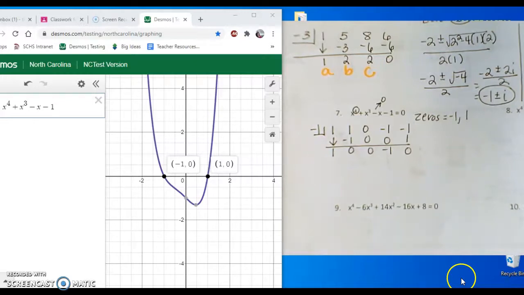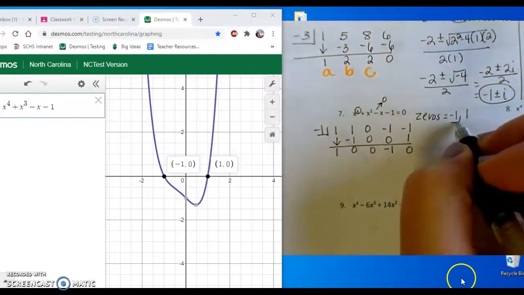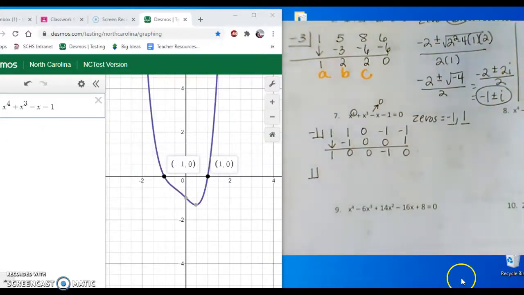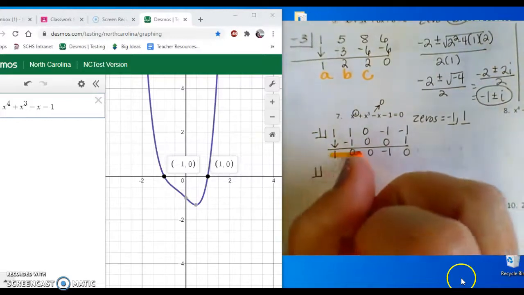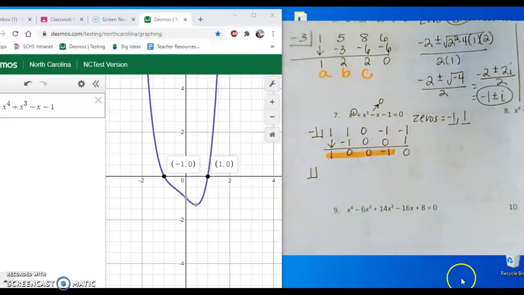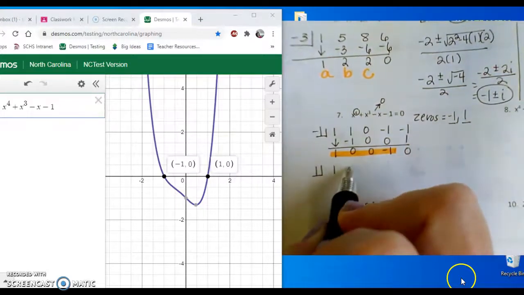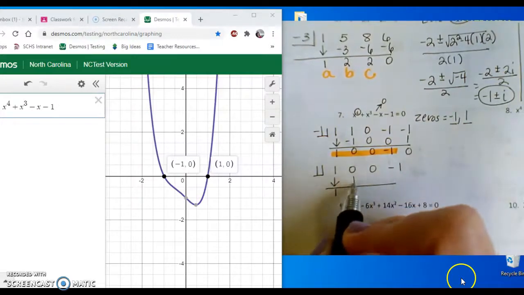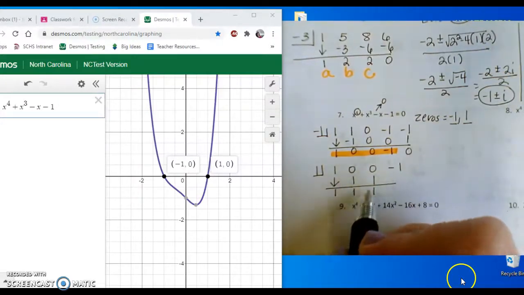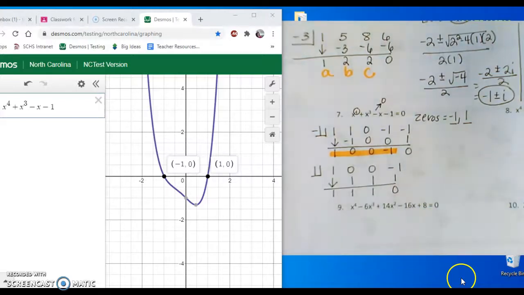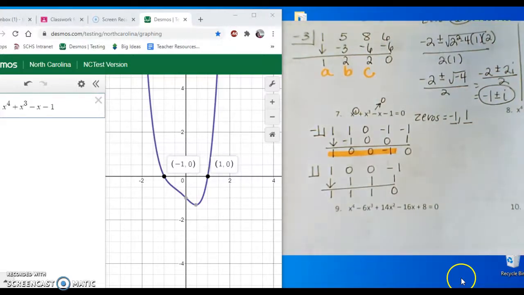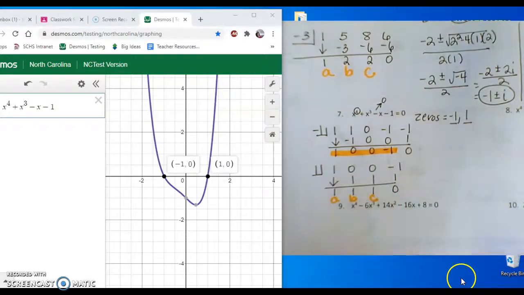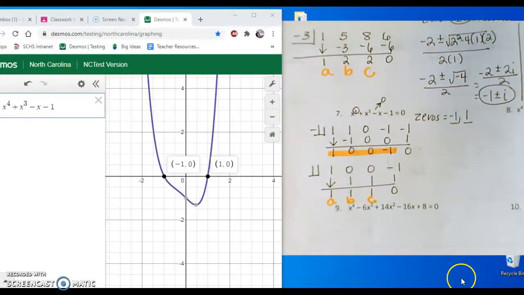And then what you do is you take the other zero that you haven't used yet, and you're going to divide again. But the numbers that you're going to put here are the numbers that you got when you divided, without the remainder. So you're going to put these numbers, and then you're going to divide. After you divide twice like that, that will give you your A, B, and C to do the quadratic formula to find the imaginary numbers.